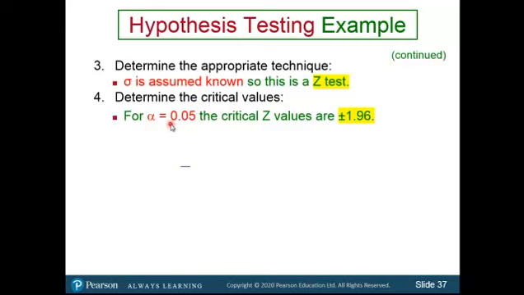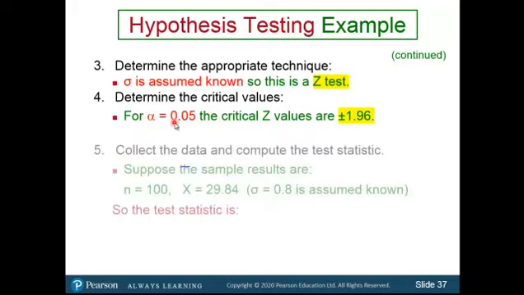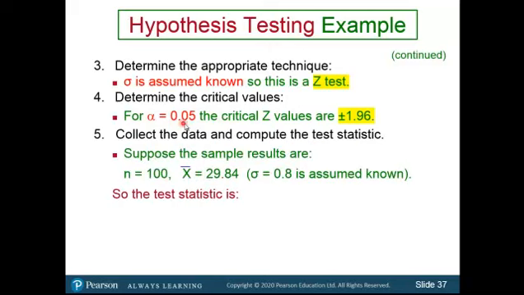Since alpha is equal to 0.05 and it is a two-tail test, we divide alpha by 2, we have 0.025, and then based on 0.025 value, we find the Z value from the table, and the Z value is plus or minus 1.96.